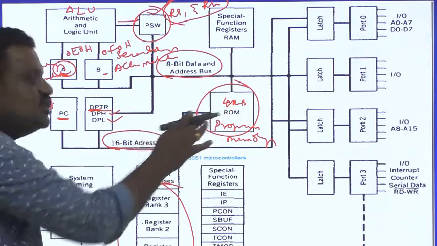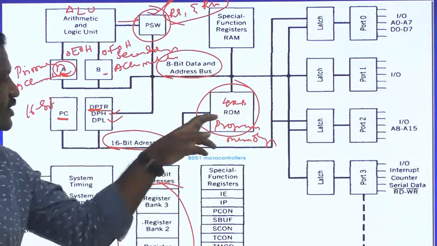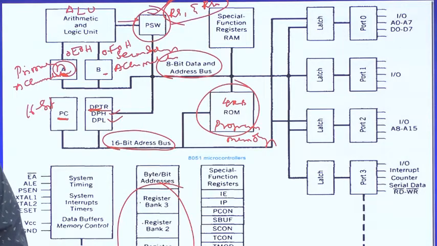This is the place which is helpful for me to hold the system files or programs. Not only that, it can hold constant data. That means the data which are constant, which do not change frequently, such data are stored in this read-only memory.